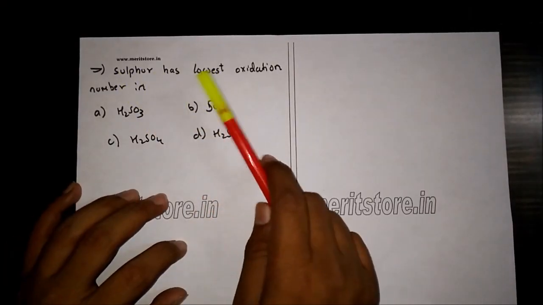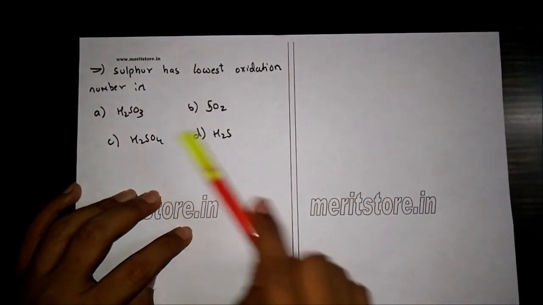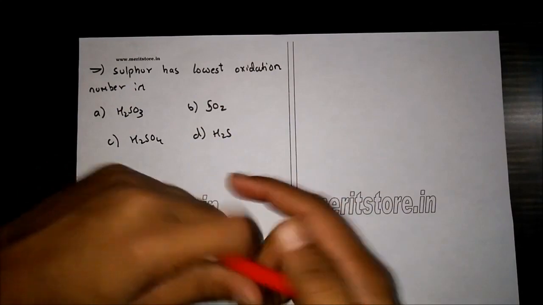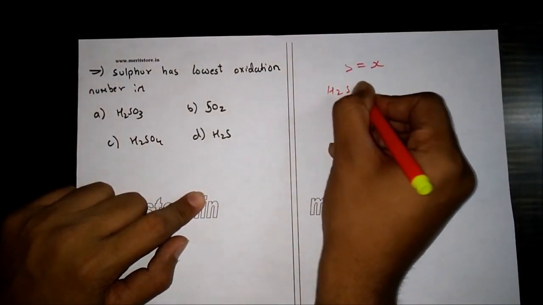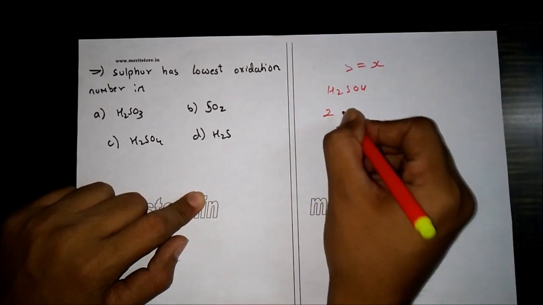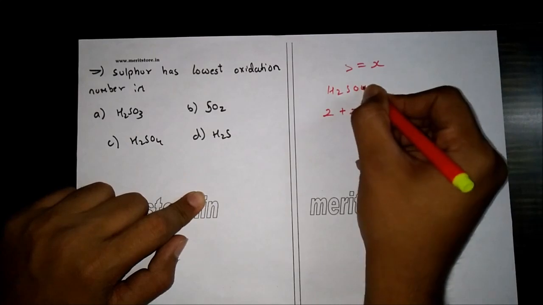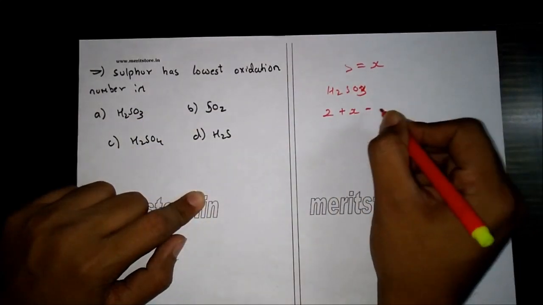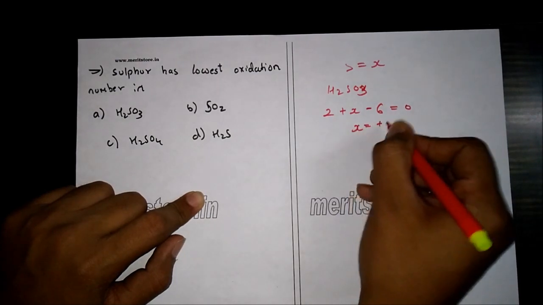Which has the lowest oxidation number: A) H2SO3, B) SO2, C) H2SO4 or D) H2S. Now let the oxidation number of sulfur be equal to X. In H2SO3, the first option, 2 plus X minus 6 equals 0. Therefore X will be equal to plus 4.